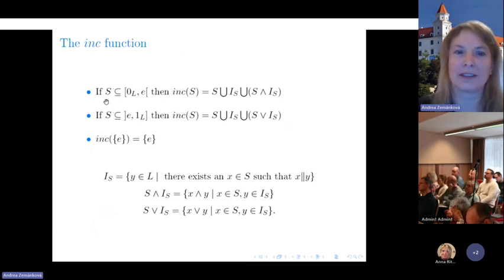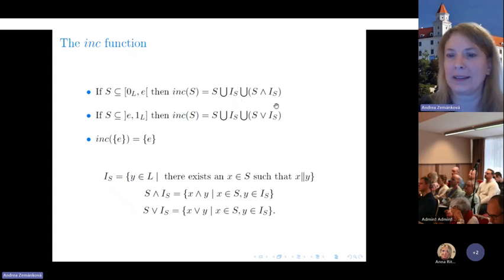So if our set S is a subset of the half-open lower interval, then inc of S will be the union of S, all points that are incomparable with points from S, and the set of all meets between S and IS. If S is a subset of the half-open upper interval, then inc of S will be the union of S, IS, and the set of all joins between S and IS.